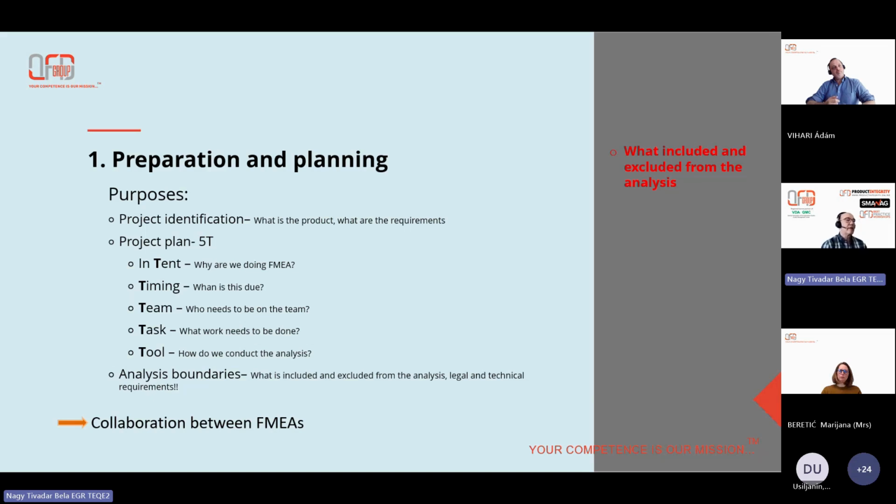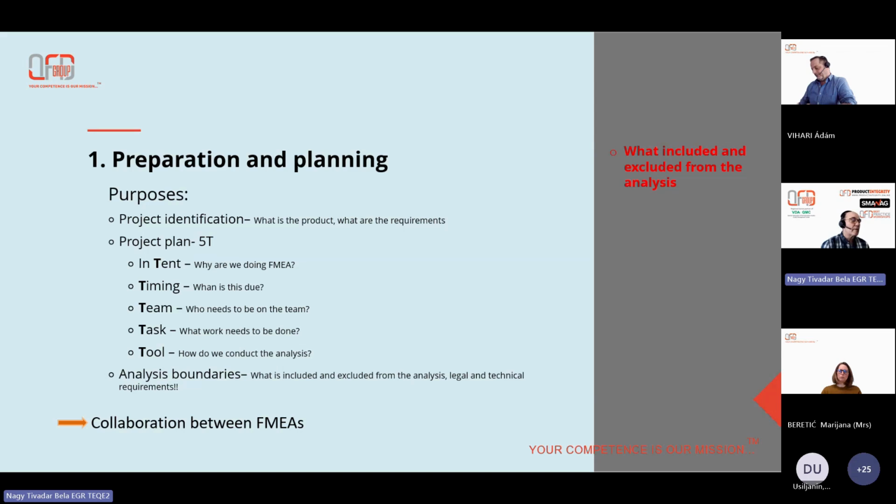The task is what work needs to be done, and the tool is how we conduct the analysis. It could be the software or other tools we use to execute our analysis. And the boundaries: what will be included and what will be excluded from our analysis.